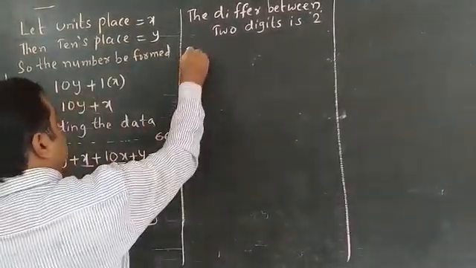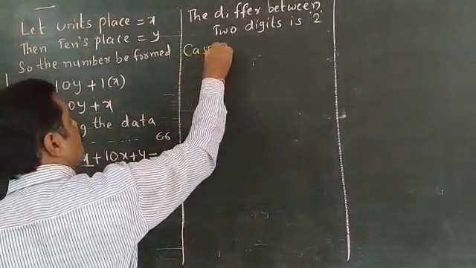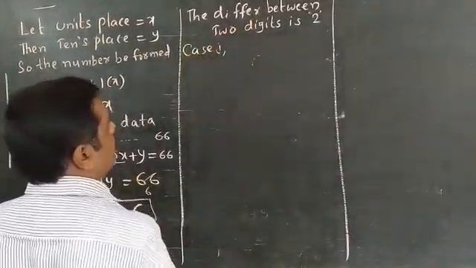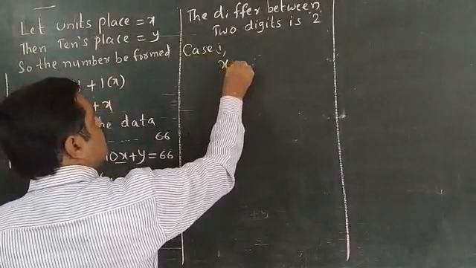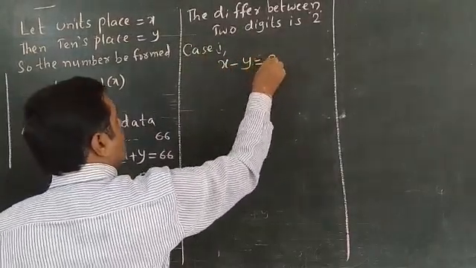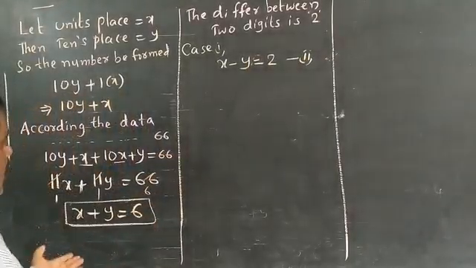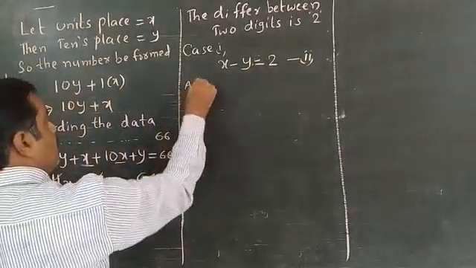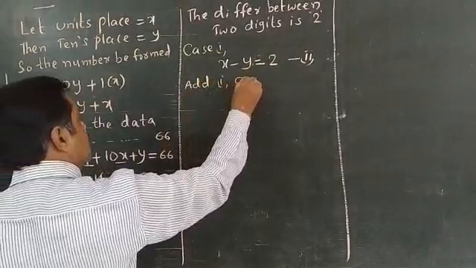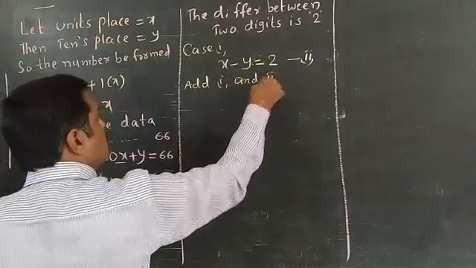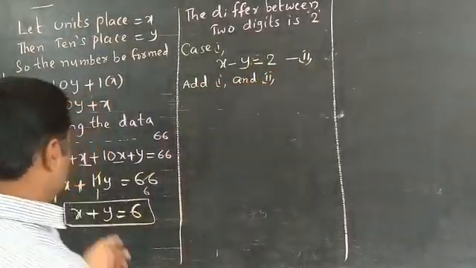In case 1, we take x minus y is equal to 2. This is treated as the second equation. Now add the first and second. I am going to do the problem by the elimination method.